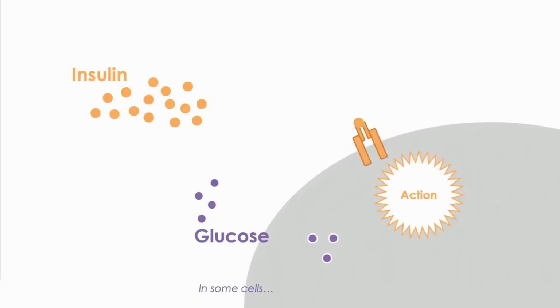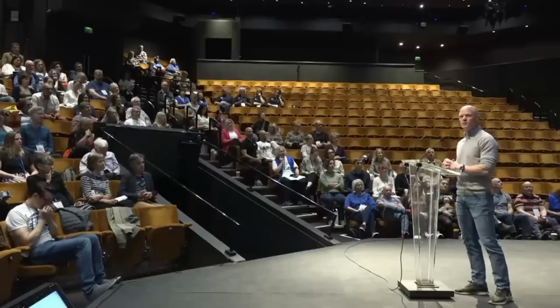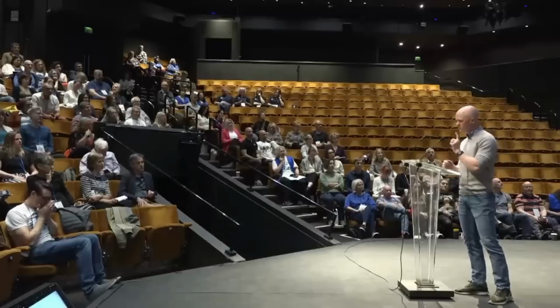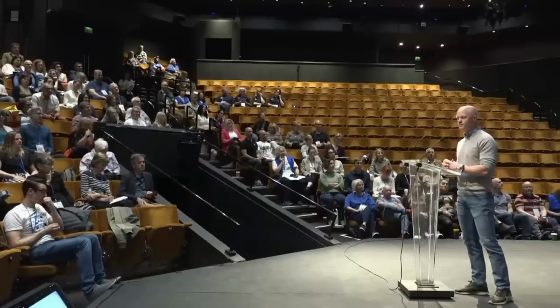It does so by, when insulin comes and knocks on the door, opening another door for glucose to come in. Now, not all of the body's cells will do that, but some of the biggest ones, like muscle cells, will. They will respond to insulin, and part of that response will be pulling the glucose in, thereby lowering blood glucose, insulin's most famous, but not its most important effect.